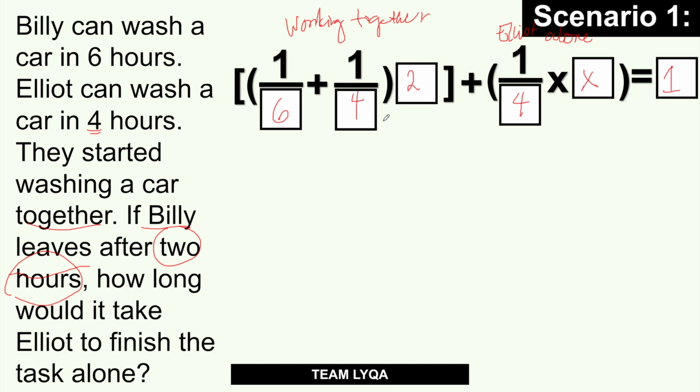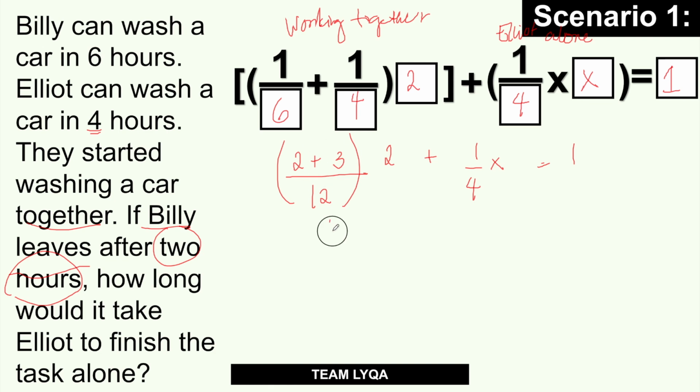So, isosolve lang natin to. So, 1/6 tsaka 1/4. Ang ating LCD could be 12. So, 12 divided by 6 is 2 times 1, 2 plus, and then 12 divided by 4 is 3 times 1, that is 3. Okay, and then multiply by 2 plus, and then we have 1/4 x is equal to 1.